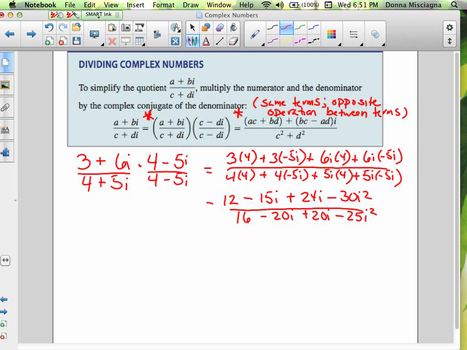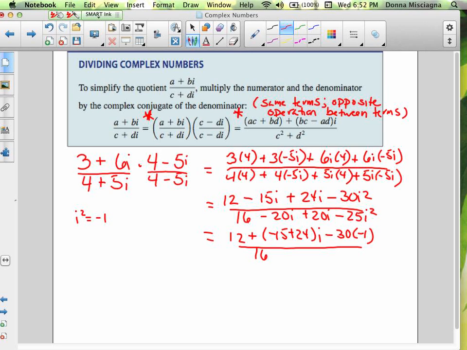Let's simplify. First, replace the i squared with negative 1, because remember, i squared equals negative 1. So we have 12, plus negative 15 plus 24i, combining our i terms, and then minus 30 times negative 1, divided by 16.